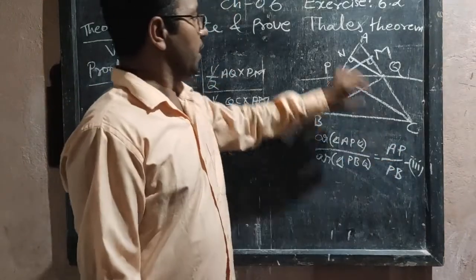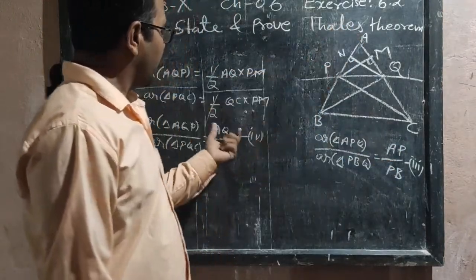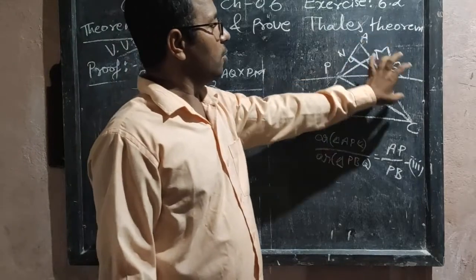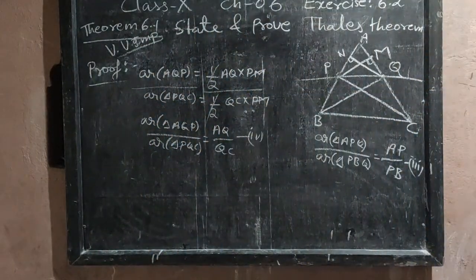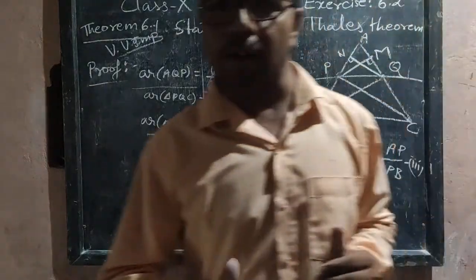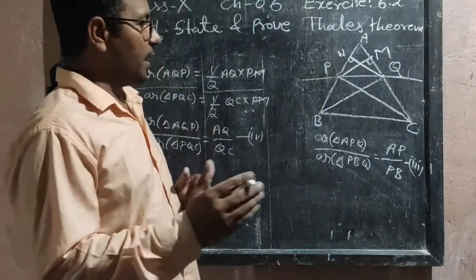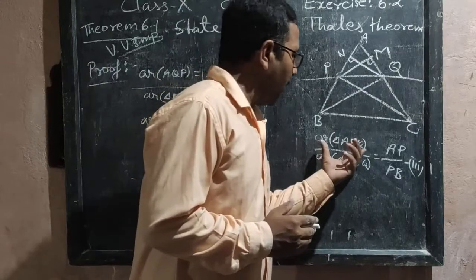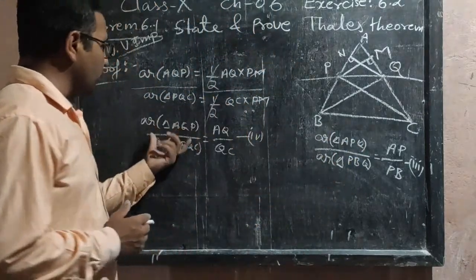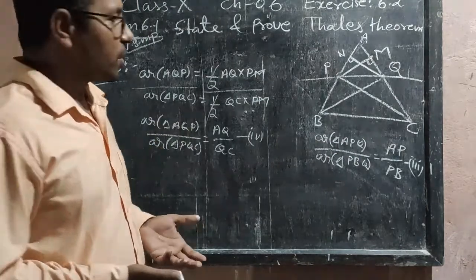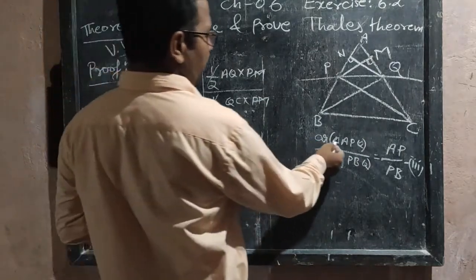So now students, we have AP upon PB and AQ upon QC. What is the difference here? We have to make both equations equal, so the LHS part of this side and the LHS part of this side must also be equal.